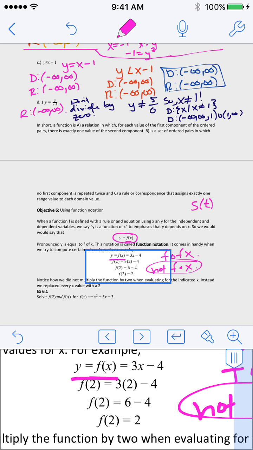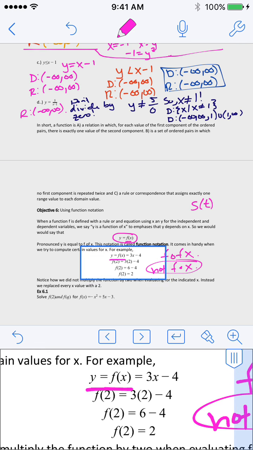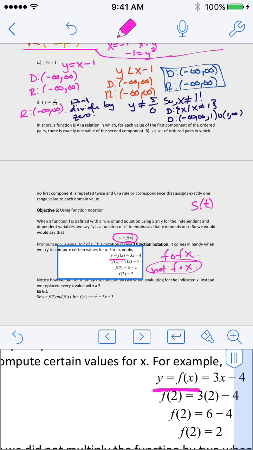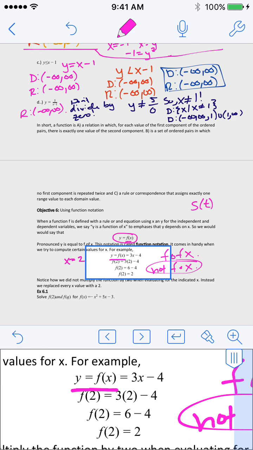The reason we'd want to do that, a couple benefits of this notation, is that you can show what you're trying to evaluate. So on here, they are trying to evaluate x equals 2. In other words, they're plugging in x equals 2, every single time they see x. And this is important as to why we call it f of x.